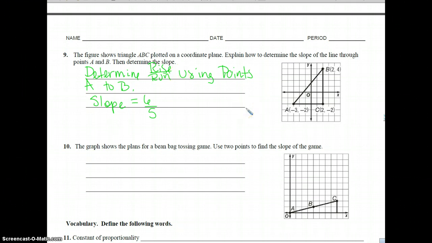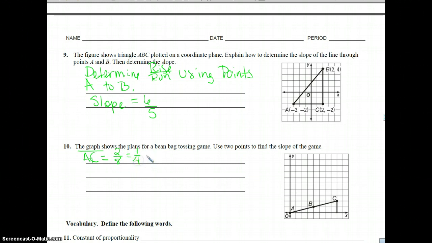Number 10. It says the graph shows the plans for a beanbag tossing game. Use 2 points to find the slope of the game. So, Aubrey and Bryce. Aubrey, you found the slope of which line first? A and C? All right, good. So from A to C, we're going to go up how many? 1, 2, and we run how many? 8, which leaves us with what? 1/4.